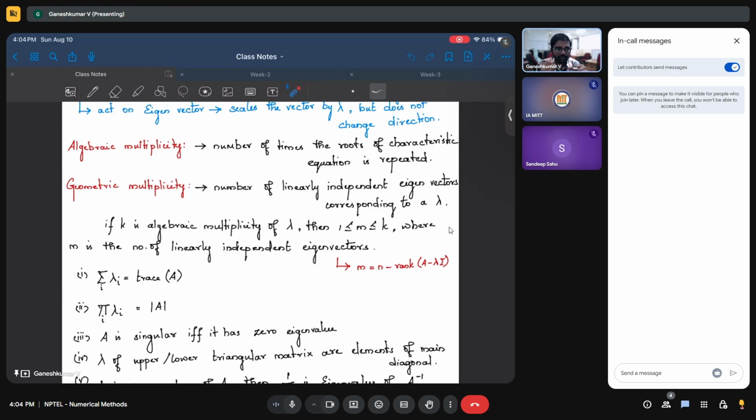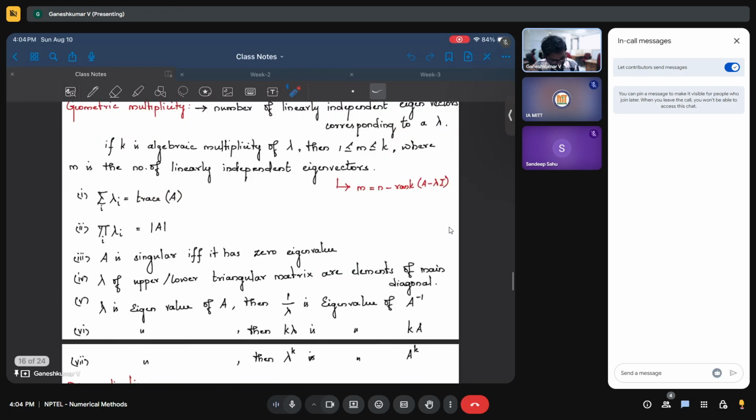For geometric multiplicity, for a given lambda, the number of linearly independent eigenvectors present is the geometric multiplicity. Usually the geometric multiplicity is less than or equal to the algebraic multiplicity for that eigenvalue.